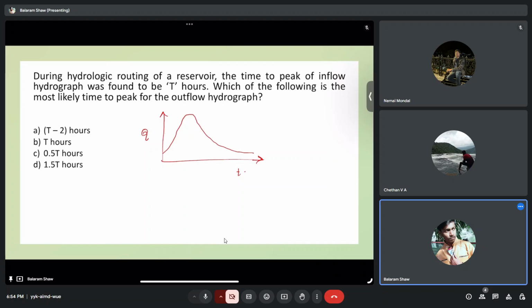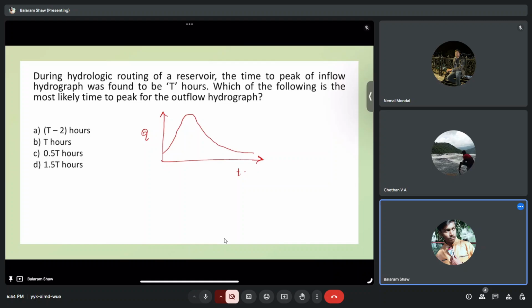Okay, so we know that there will be a delay in the peak of the outflow hydrograph with respect to the inflow hydrograph, correct?